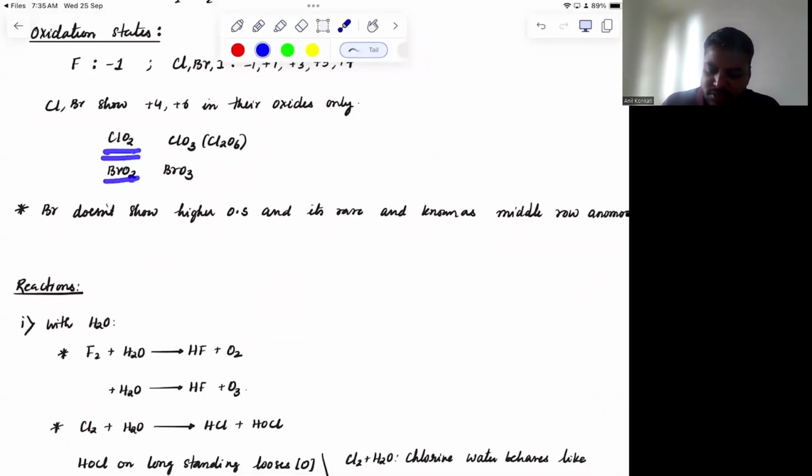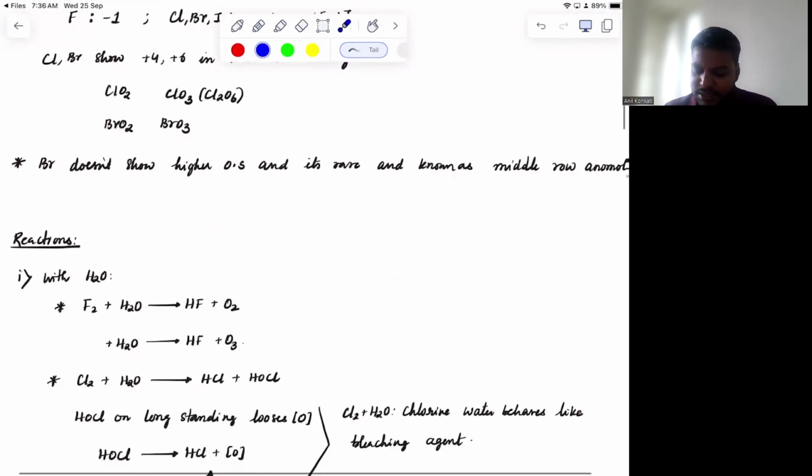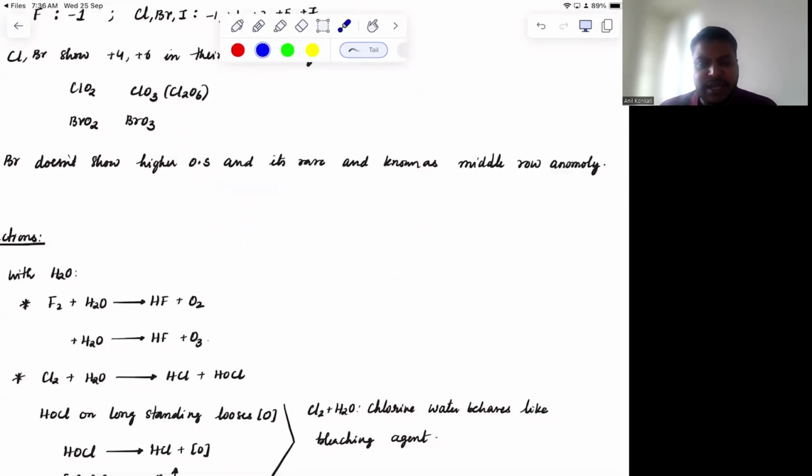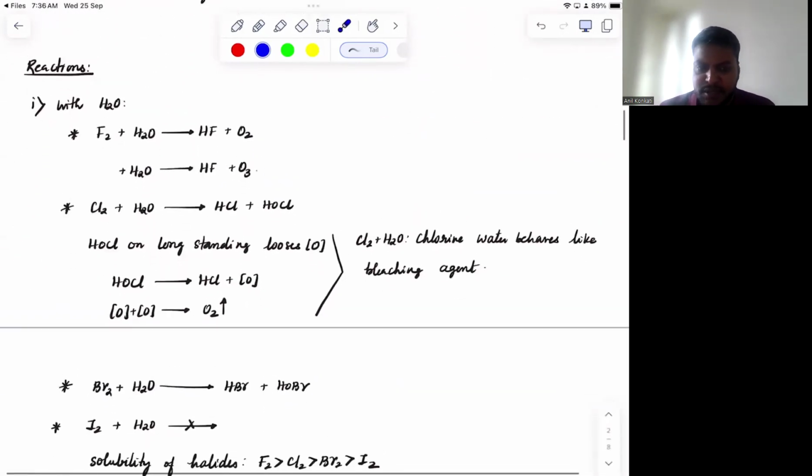So these two are the oxides where they can show +4 and +6. Clear? And the higher oxidation state in case of bromine is less stable. Bromine does not show much of higher oxidation state, and +7 oxidation state is very rare for bromine. This is called the middle row anomaly, and we discussed the same thing with selenium if you recall.